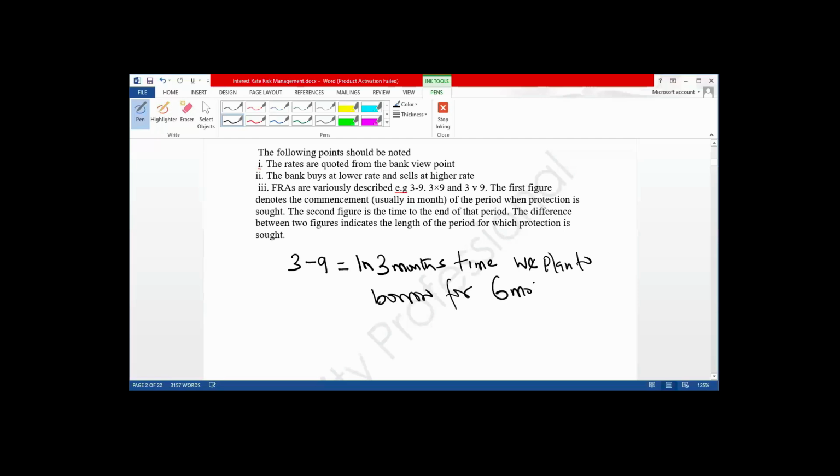In 3 months' time, our company is planning to borrow for 6 months.